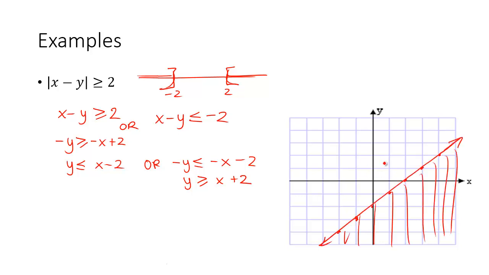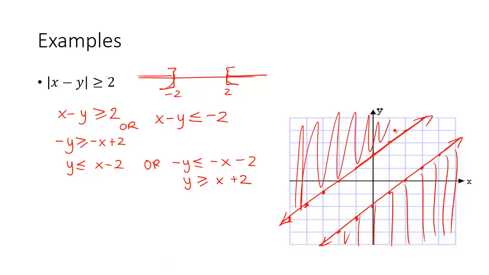The second one starts at +2 and travels at the same slope and is including the line, but this time it's greater than. And because it's an or statement, we include both.